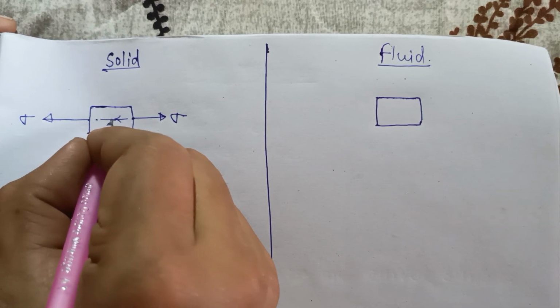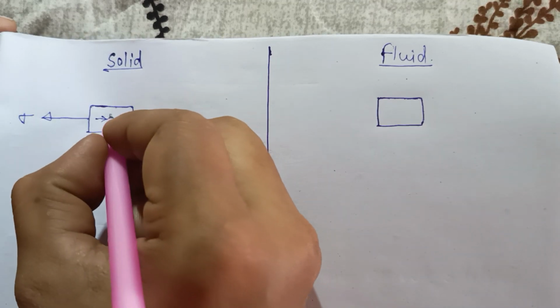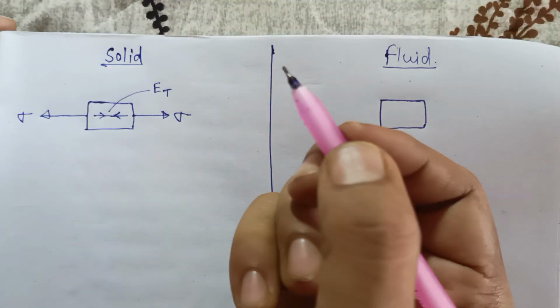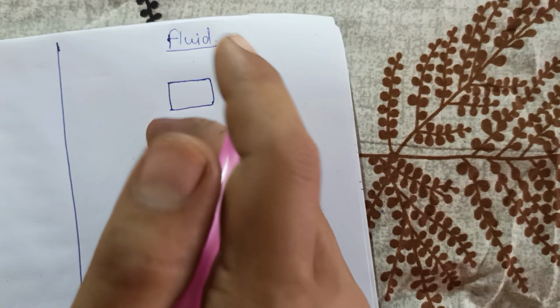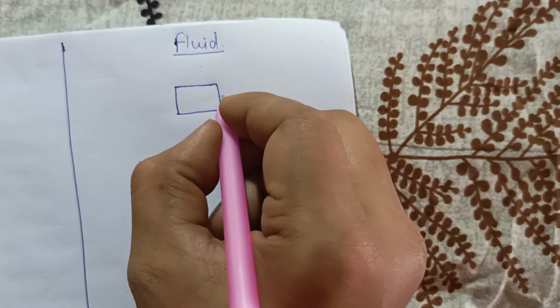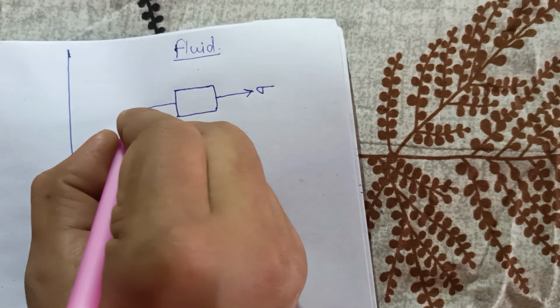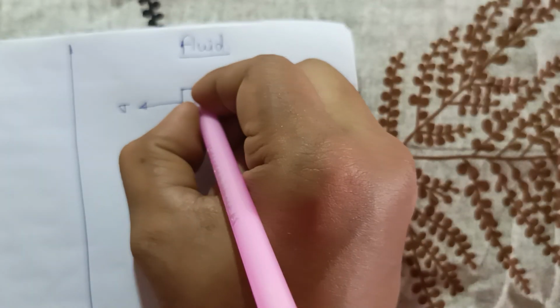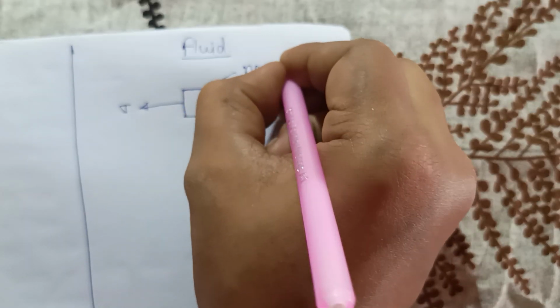But for a fluid element, if you apply tensile stress sigma in that direction, there is no property for the fluid, no property.